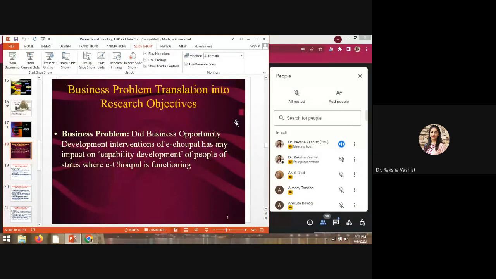I have to find out the impact of business opportunity activities on the capability development of e-Chopal users. So we have three aspects. First, we have business opportunity development interventions or activities. Second, we have capability development on the other side. And thirdly, we have to find out the impact of the first on the second.